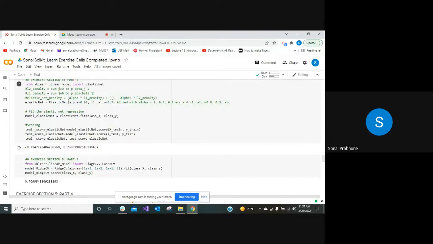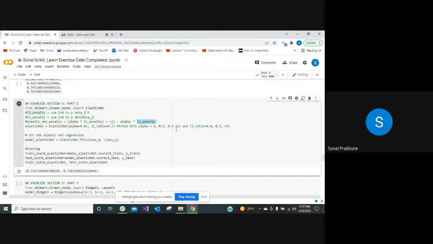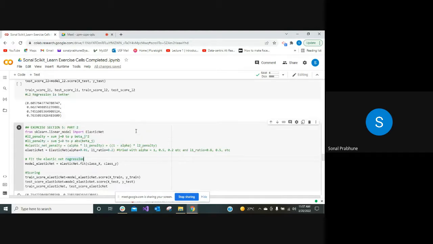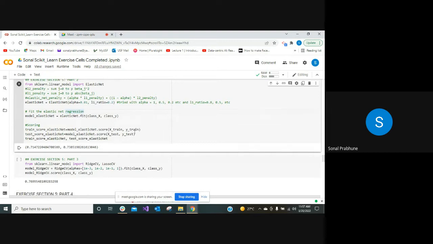With the L1 ratio, as I start reducing it, it tends towards becoming more like using an L2 penalty directly. As I start increasing it, it tends towards becoming more like using an L1 regularization. So we can tweak that.